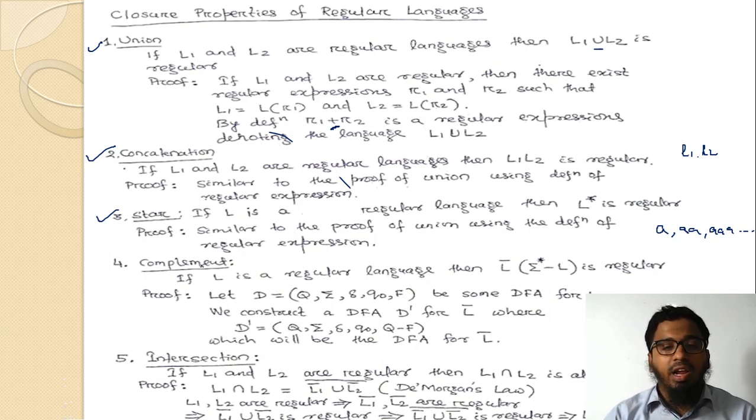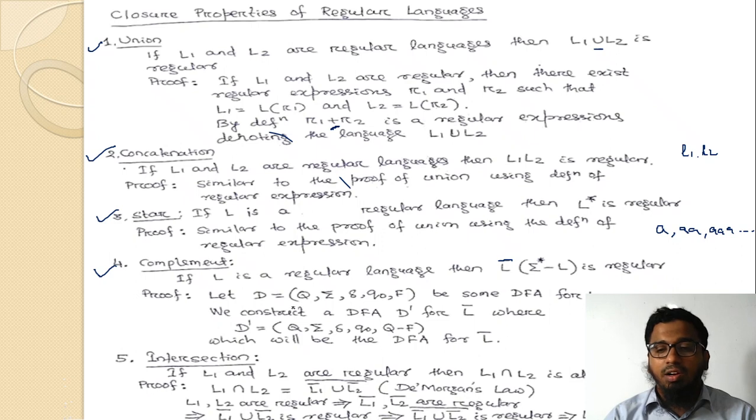Okay, complement. If L is a regular language, then L dash, this dash is nothing but complement, is sigma closure minus L, which is regular.